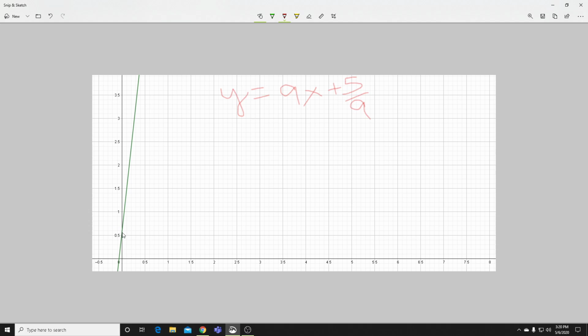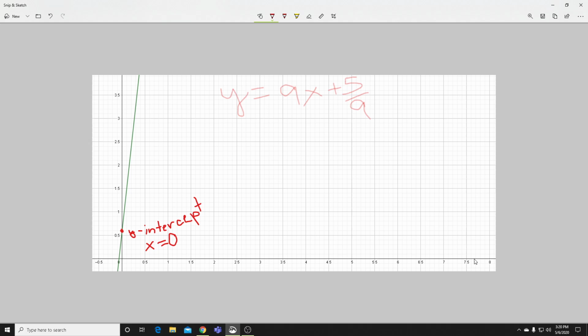Notice our y-intercept, remember that's when x is equal to 0. Okay? Our y-intercept is when x is equal to 0. So that'll be right here. Y-intercept, okay? Now that's when x is equal to 0.